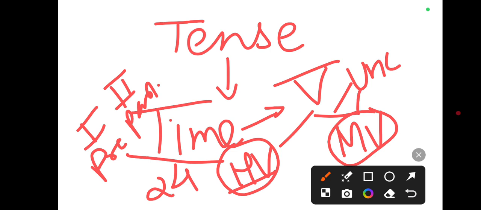Main verbs have three forms: first is present, past, and past participle. This way also you can remember. So this shows an action and time as well, and these verbs are used for person and time, and status, right? So let us see how verbs are used.